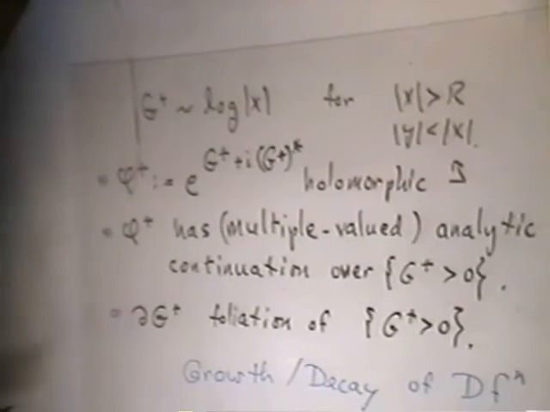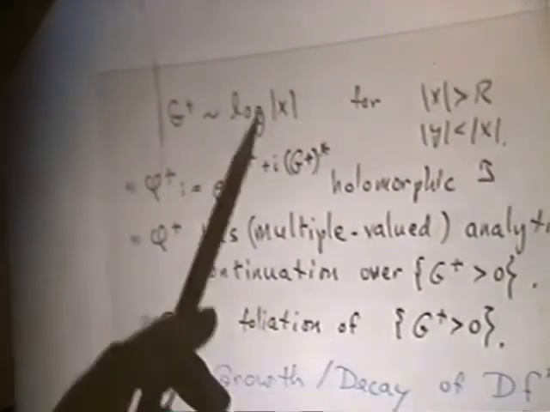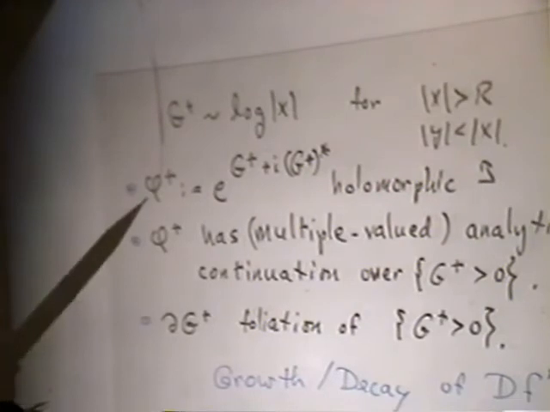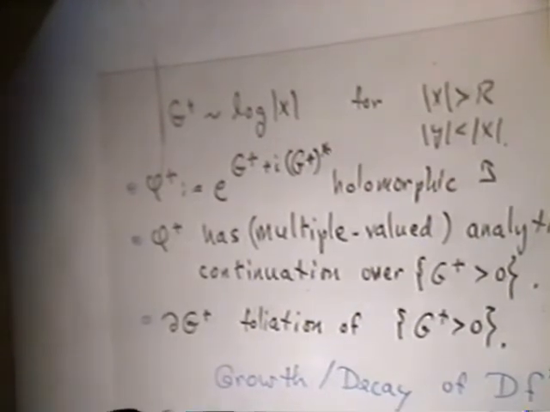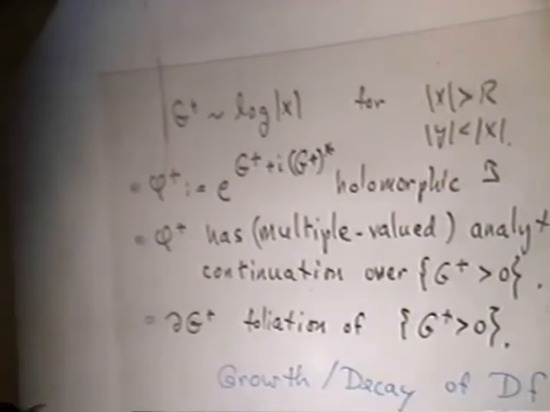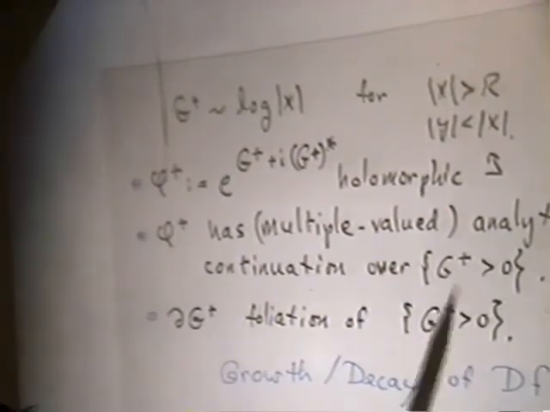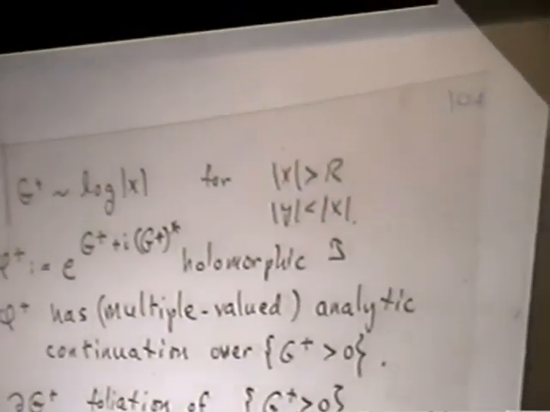So in this region, when you're looking at something like log mod x, that's the G plus, you can find a harmonic conjugate that has a period of 2 pi, and so we have an analytic function phi plus out in that region. So we have a holomorphic function, and in fact, since G plus is pluriharmonic on this whole region, you can analytically continue a harmonic conjugate, but it might be multiple valued. So it's analytic in some particular set out near infinity.